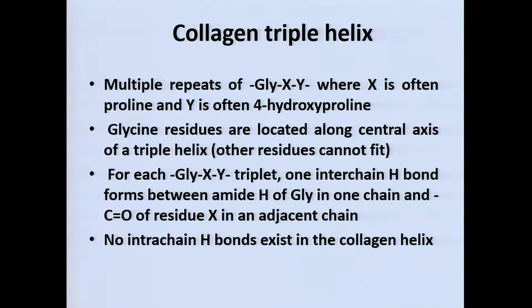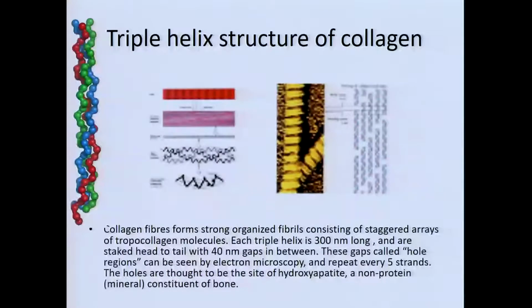And no intrachain hydrogen bond exists in the collagen helix, and that is the reason this is a kind of helix, but not the real helix. You know, in a real helix, we can see there is hydrogen bonding. But here you cannot see the hydrogen bonds present intrachain. So interchain, in between two chains, there is a hydrogen bond present. And this is a multiple repeat of glycine, proline and hydroxyproline.